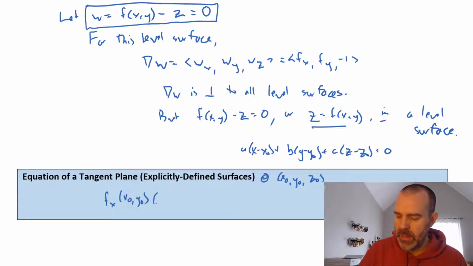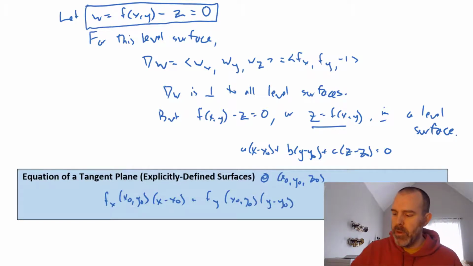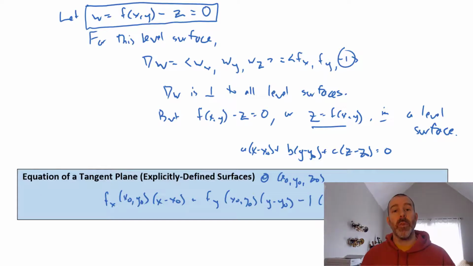That'll be the a times x minus x naught. The b will be the partial derivative with respect to y at x naught, y naught, times y minus y naught. And then, interestingly here, the z component is just -1, so it's always -1 times z minus z naught, and that's equal to 0. And that is the equation for our tangent plane.